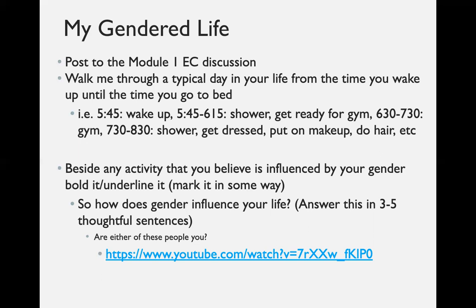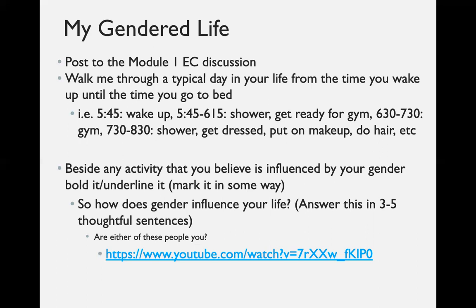But really start to think of how that might be influencing some of your decisions, in terms of what you do in a day, what you eat or don't eat, what activities you engage in, how you interact with others, when and where you feel safe or don't feel safe.